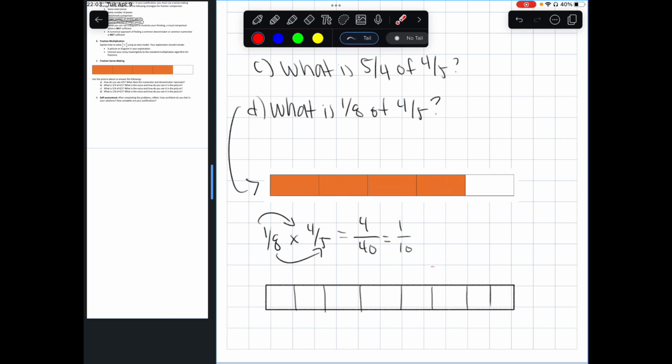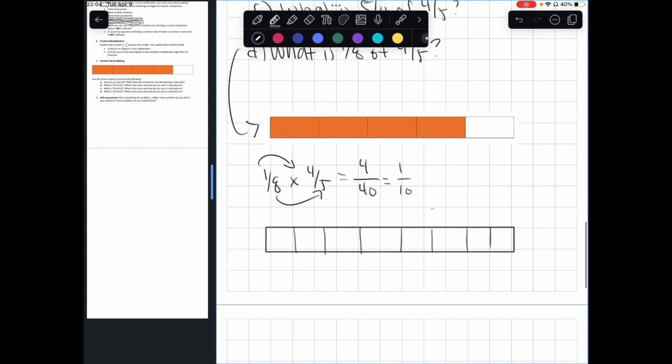This is what it is. This is the answer to this problem right here. And for us to see it in the picture, we really have to look at what 1/8 is compared to 4/5. And I think a really good way of doing this is actually making the fractions equivalent.